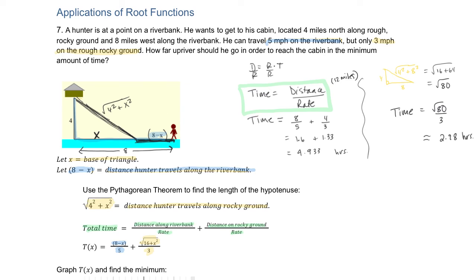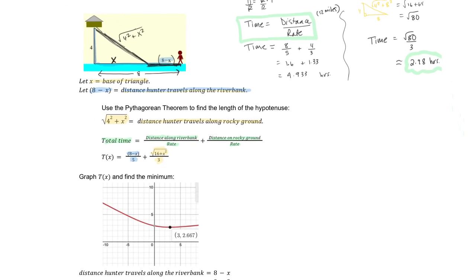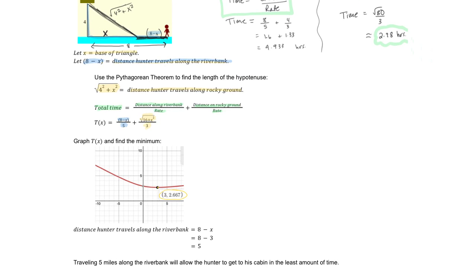We're thinking maybe there's something faster than what we had come up with, 2.98, just going directly through the rocky ground. So I'm going to graph my function and look at the minimum. The minimum is right here at x equals 3. If I plug x equals 3 into my equation, I can find the distance he goes along the riverbank: 8 minus 3, which is 5.